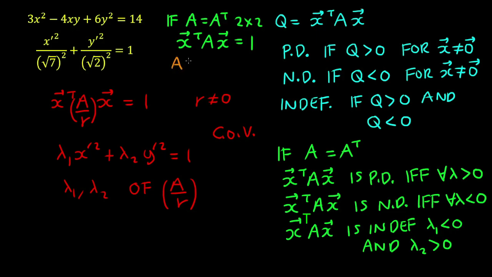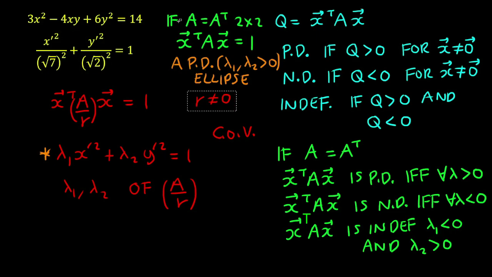So if A is positive definite, meaning both of its eigenvalues are positive, then the quadratic form represents an ellipse. And this can be seen from this equation, which is representative of an ellipse if both of these values are positive.